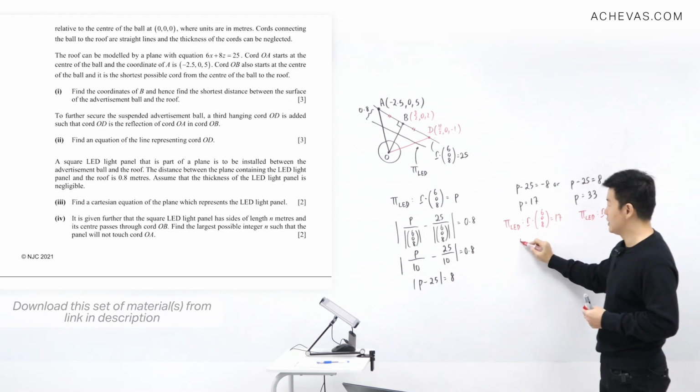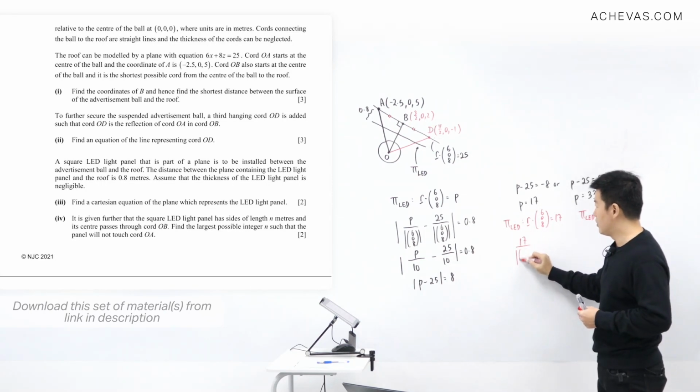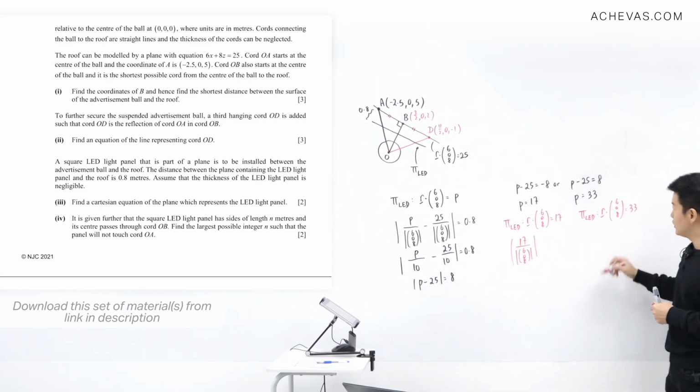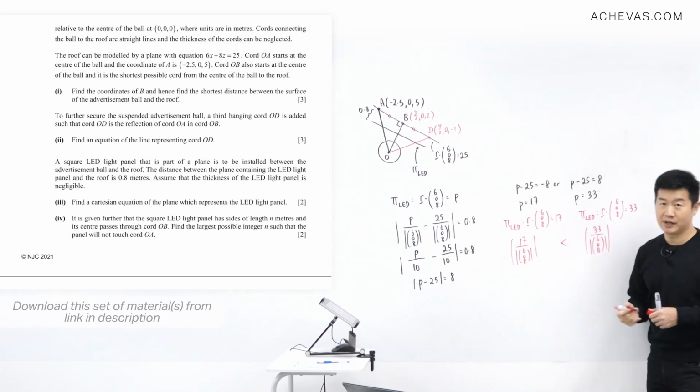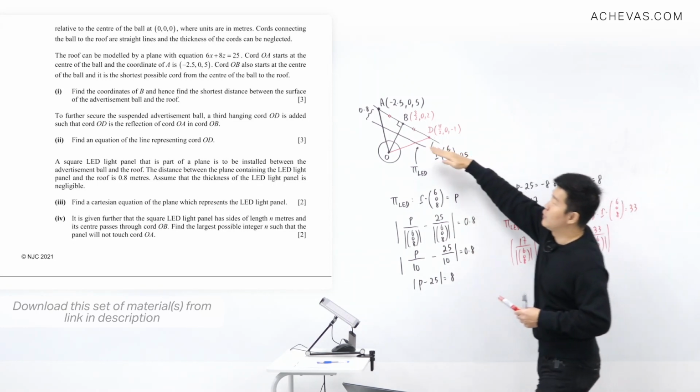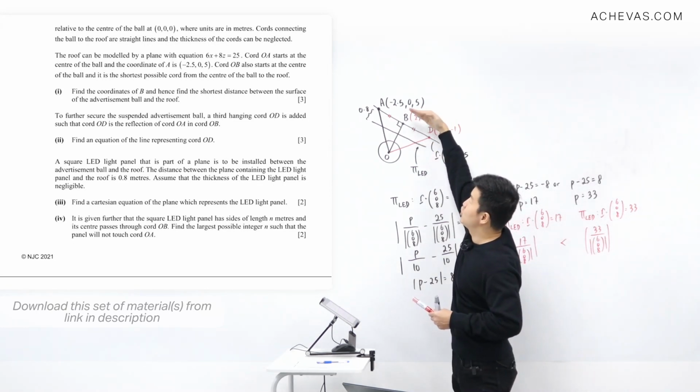The distance is going to be 17 over modulus of (6,0,8). What is the distance of this plane from the origin? It is going to be 33 over modulus of (6,0,8). And we can see that this is going to be bigger than this, which means that if I were to choose this as the plane LED, it is going to be the one that is further away from the origin. It should be the one that is here.